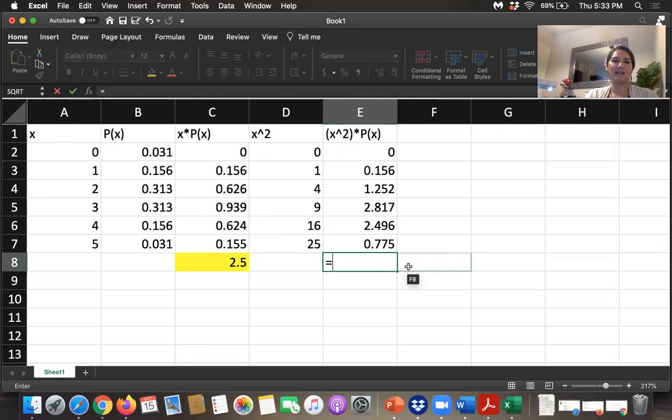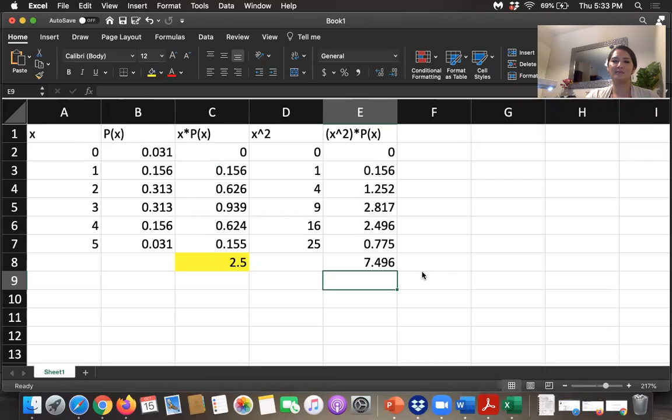So I will type equals sum, open parentheses, highlight that cell, grab that bottom corner, close parentheses. Now that is not our variance. We've got to take that number and subtract the mean squared. Now the mean was over here.